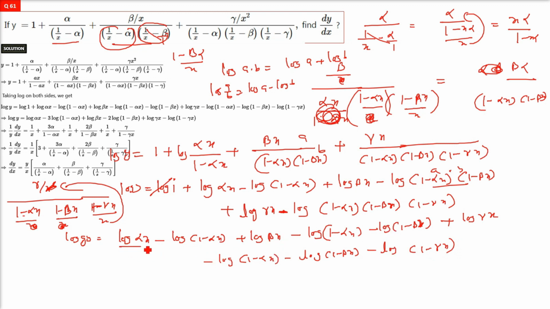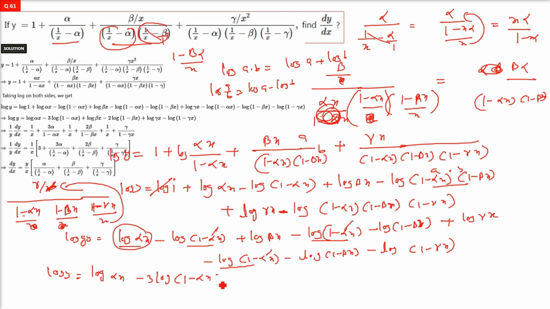So log αx, log βx, log γx. Then we have log (1 minus αx). How many alphas do we have? 3 alphas if you see. So we have log αx, log (1 minus αx), log (1 minus αx), log (1 minus αx). There are 3 of log (1 minus αx), so it will be minus 3 log (1 minus αx). So all this alpha term we have taken, from the first term, second term, and third term.